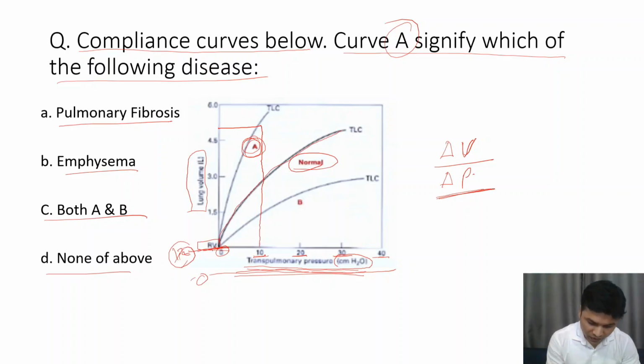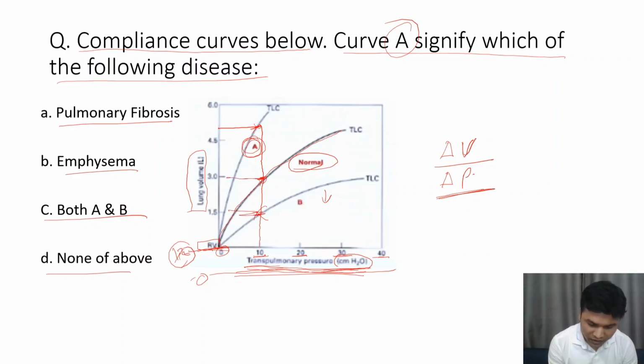So you can easily say that with 10 centimeters of water pressure, here the volume is 1.5 liter, here the volume is around 3 liter, here the volume is around 4.5 liter. It means this lung is not so compliant, this is normal compliance, and this is high compliance. In the low-compliance lung, you increase the pressure and the lung inflates very little, only 1.5 liter.